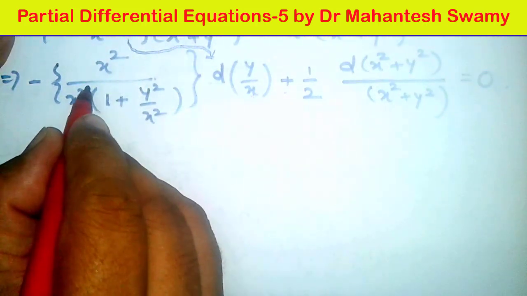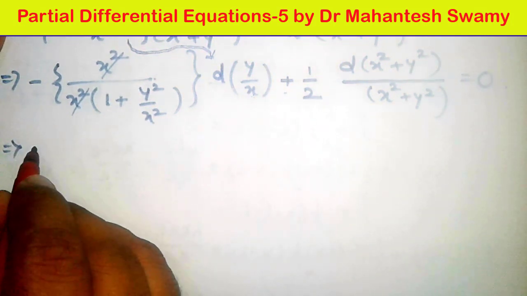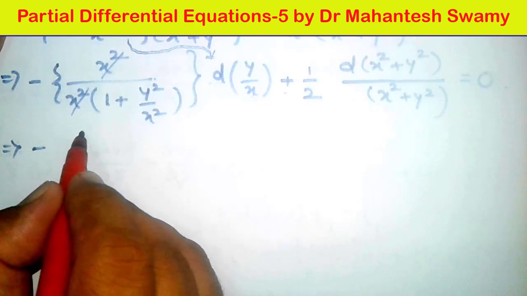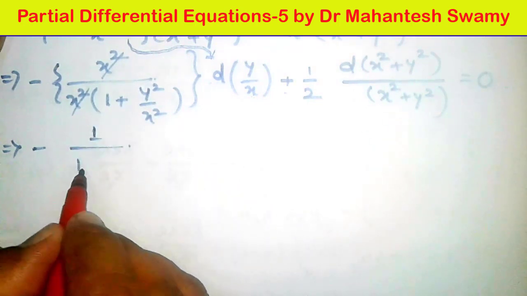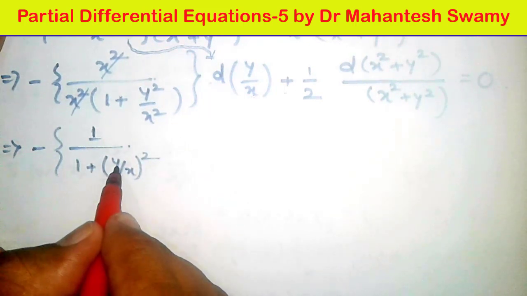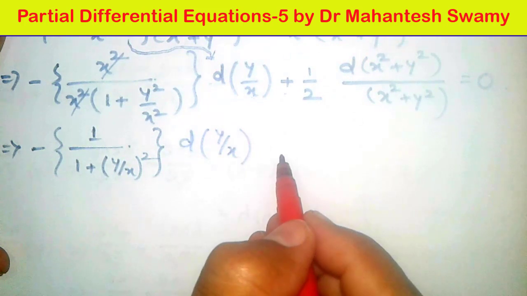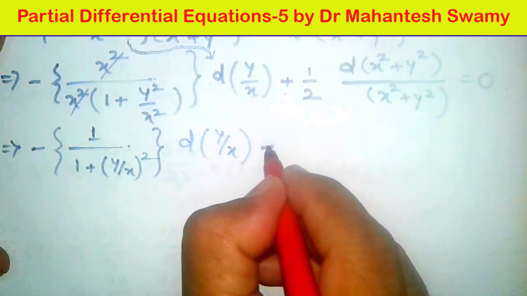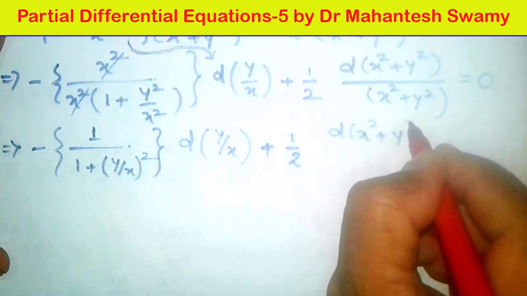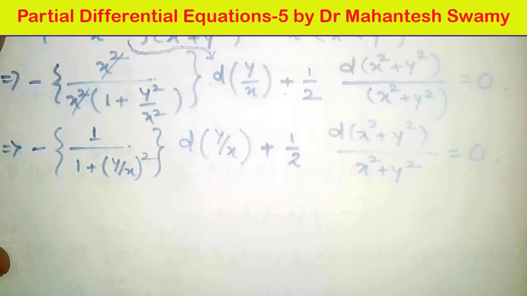Now here we can cancel this x square with this x square, and this implies minus of 1 divided by 1 plus y by x whole square into the differentiation of y by x, that is, plus this 1 by 2 as it is, d of x square plus y square divided by x square plus y square as it is, on RHS 0 as it is.